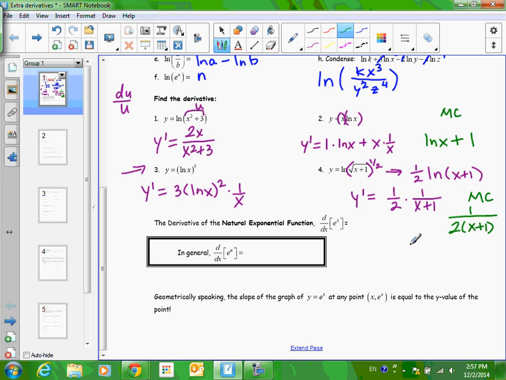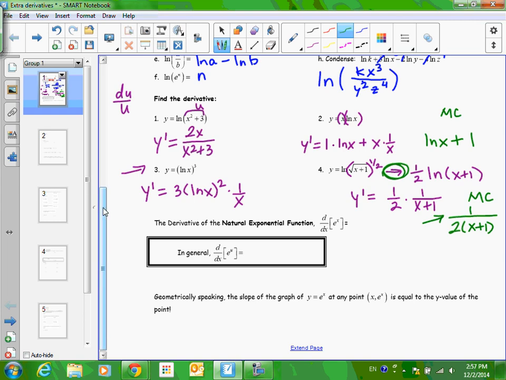Now, if you didn't use the log property, like you never rewrote it right here, it would be a lot harder for you to get that simplified answer. You're going to have to do more work there. So using the log properties makes the problem easier, and it helps you get the right answer. It's not necessary, but it's easier.